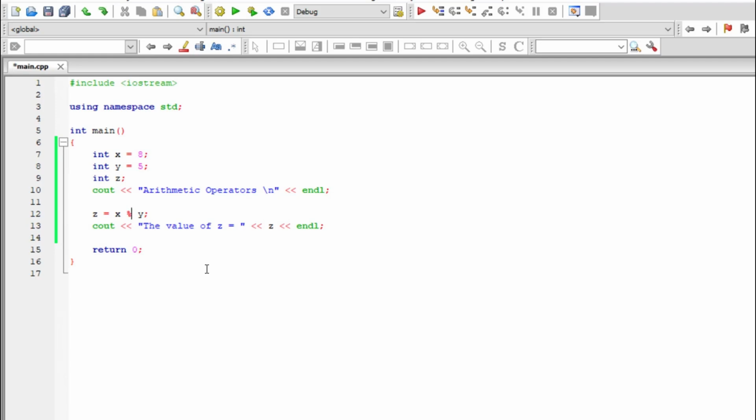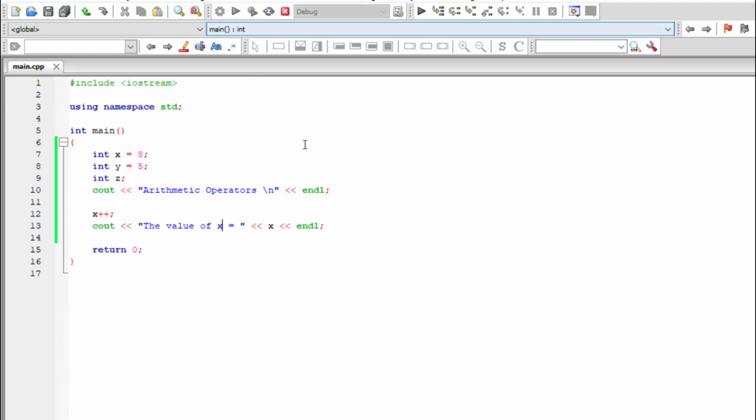Alright, so let's look at the increment and decrement. We have x equal to 8. Let's say x increment semicolon. Then let's change the value of x here. Let's run this code; it is going to give us 9.